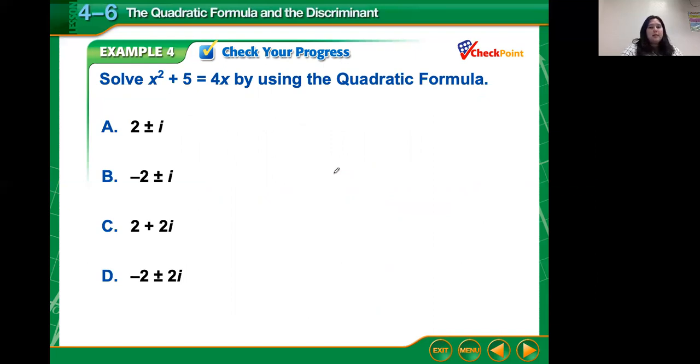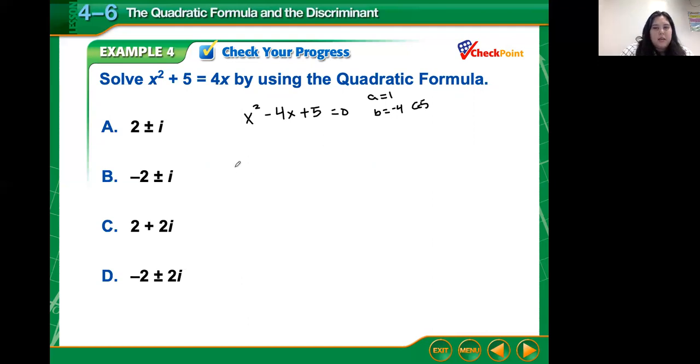All right, let's take a look at this one. The first thing we need to do is subtract 4x from both sides to get x squared minus 4x plus 5 equals 0. We want it in standard form. So a here is 1, b is -4, and c is 5.